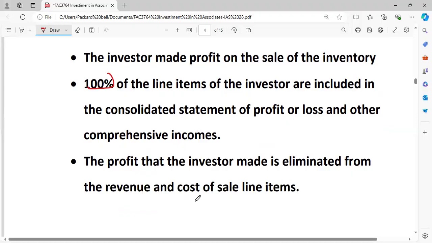The profit that the investor made is eliminated from the revenue and cost of sales line items. When it is the investor who made the profit, our elimination should only affect the revenue and cost of sales line items.